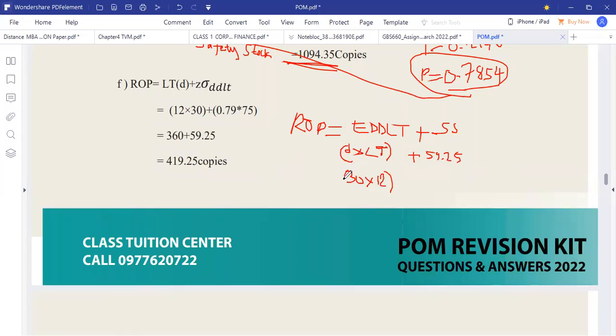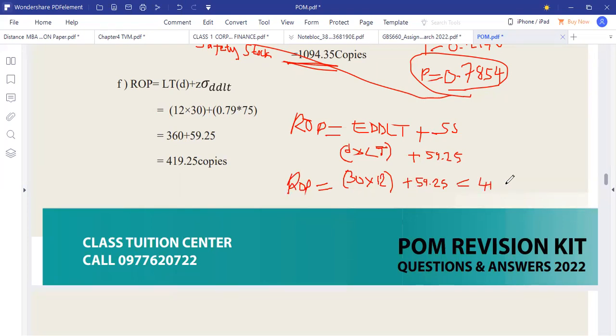So our order point is actually going to be the demand you expect during lead time, plus the safety stock of 59.25. Then we can get the amount of the order point, which is 419.